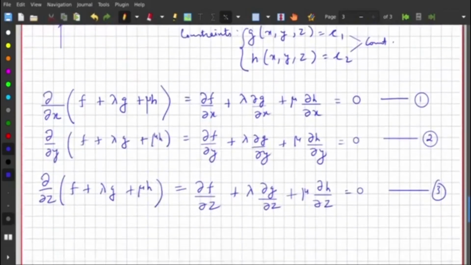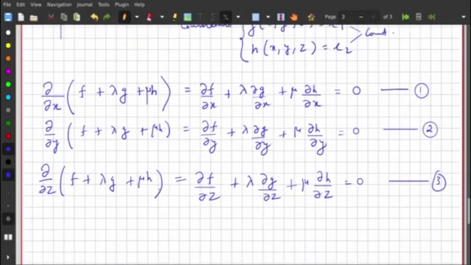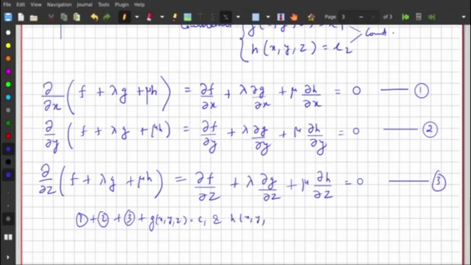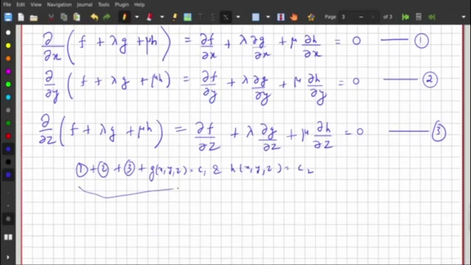Using equations 1, 2 and 3, plus the two constraint equations that we have, g of x, y, z equals c1 and h of x, y, z equals c2, we have a set of 5 equations that we need to solve for 5 unknowns.